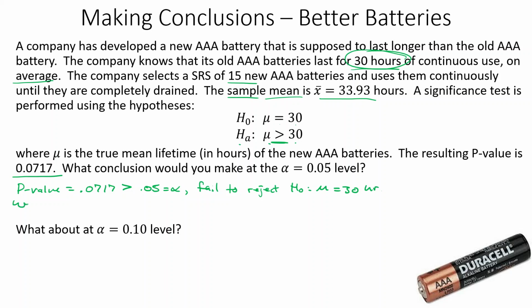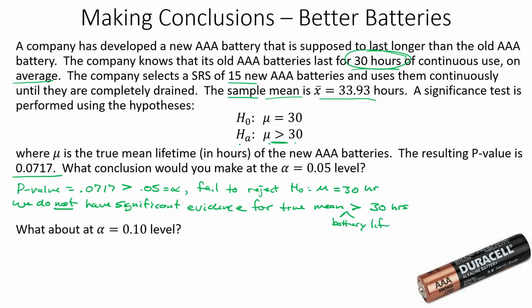So that means we do not have significant evidence for the alternative. And the alternative is that the true mean is greater than 30 hours. We can say true mean battery life if we want. There we go.